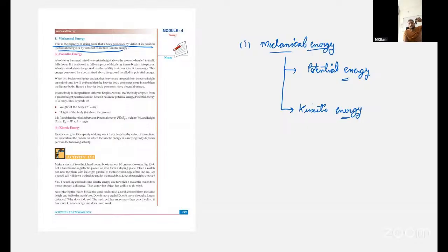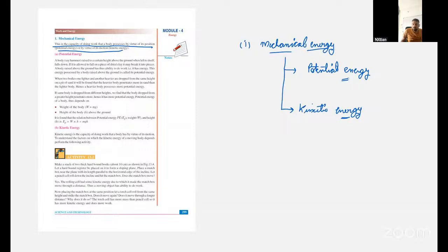But when I drop it, it is in motion. So now the potential energy is transforming into the kinetic energy.